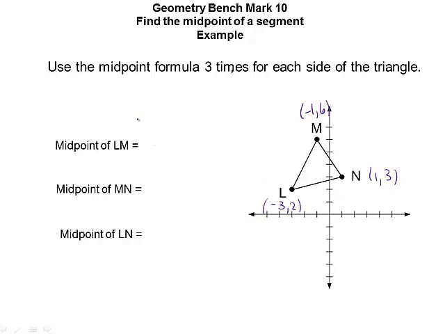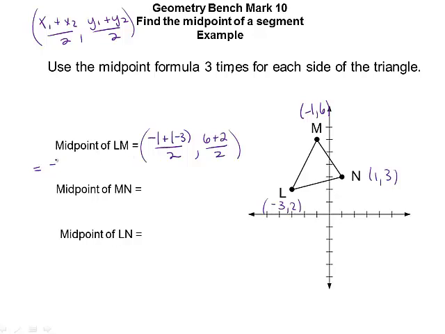Okay, so the midpoint of LM, remember midpoint is x1 plus x2 divided by 2, y1 plus y2 divided by 2. LM is this side, so negative 1 plus negative 3 divided by 2, and then the y's, 6 plus 2 divided by 2.